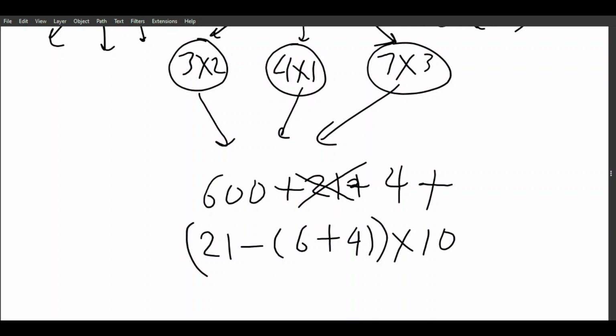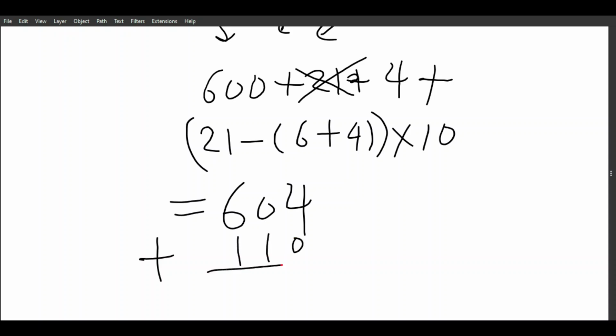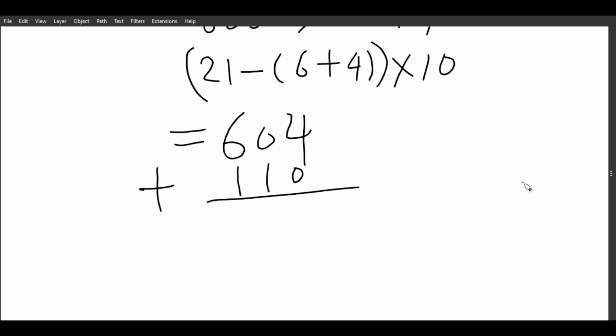So here you can see we are simply performing addition in the conquer step. Now just simplify this, we get 604 plus 21 minus 10 is 11, 110. Add, we get 714.